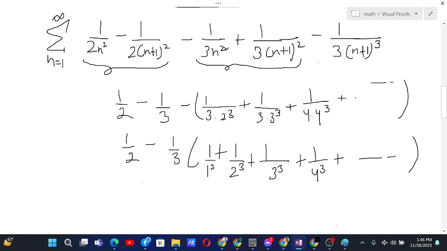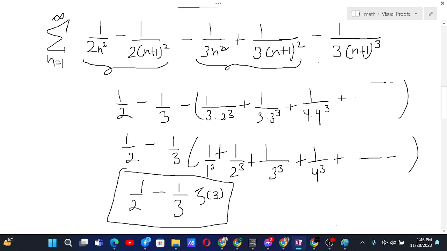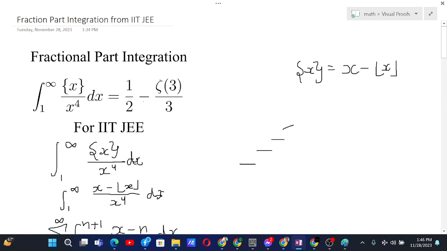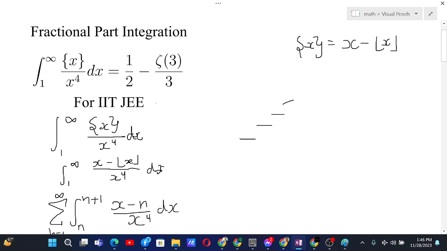The Riemann zeta function of n is this inverse sum where all of the denominators are to the power n. So that is (1 by 2 minus 1 by 3) times Riemann zeta of 3, which is Apéry's constant. So this is the answer, I guess. Yes, that's the answer, and we have solved this integral easily.